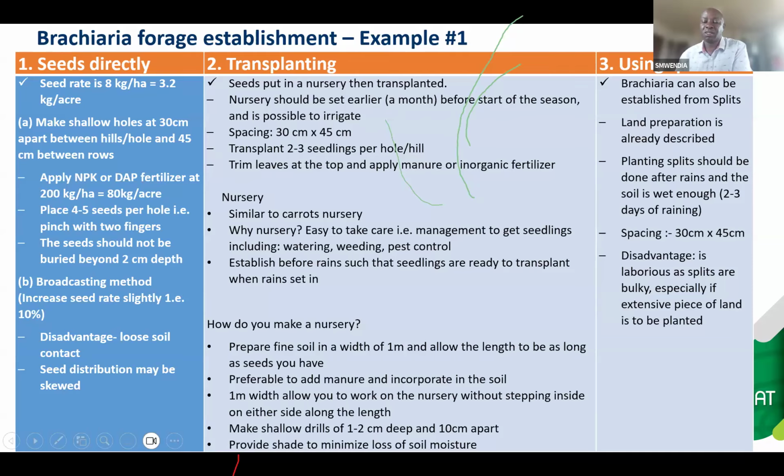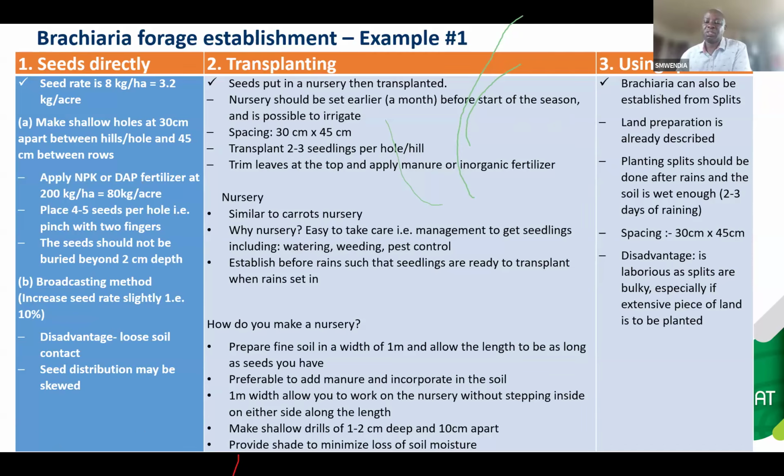You can cut splits, and the key thing is to make sure the splits have a bit of roots, which you can trim a bit, and also trim the shoot to avoid further soil moisture loss due to transpiration before your split establishes roots. The spacing can again be about 30 centimeters by 45 or 30 by 30. You end up even having an area cover.